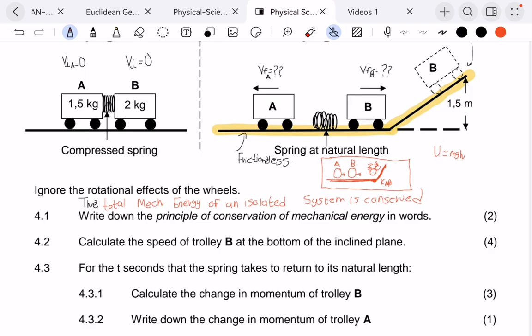Remember, we cannot really create or destroy energy, but we can convert energy. As these objects are moving, they have kinetic energy, and as they move along this track, they're gonna slow down until they come to rest.